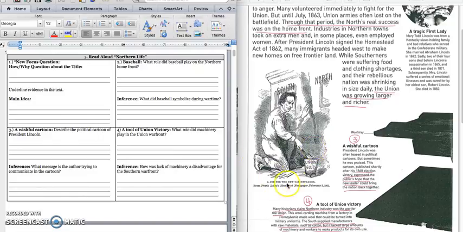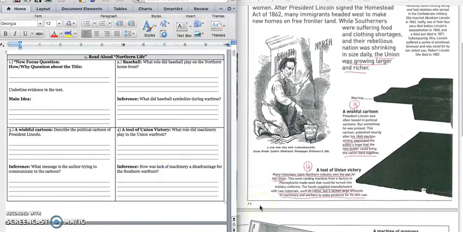And they are hoping that President Lincoln can repair the division or the argument. Okay, so in the second part of box 3, we would write, the author is trying to communicate that he believes that Abraham Lincoln can bring unity to the United States. Press pause to write down your answer and play when you're ready for box 4.